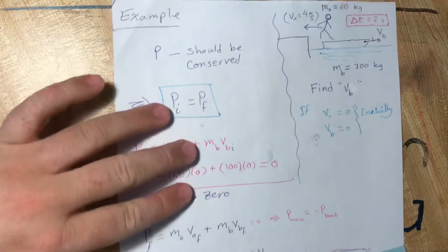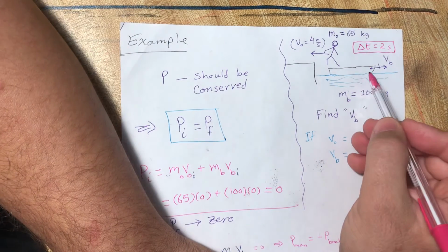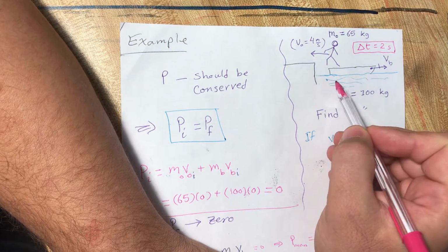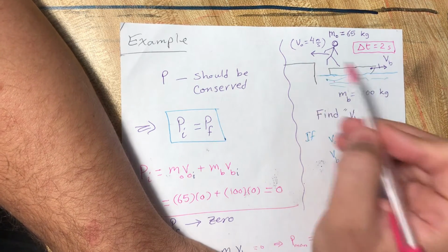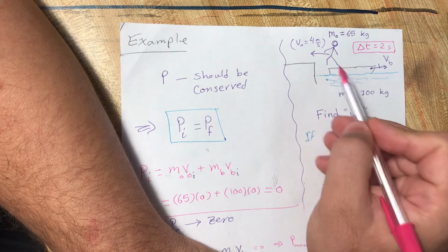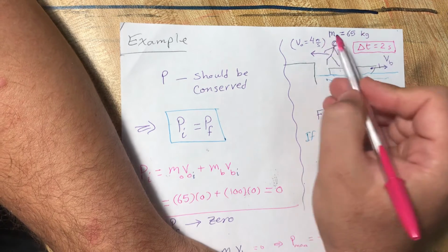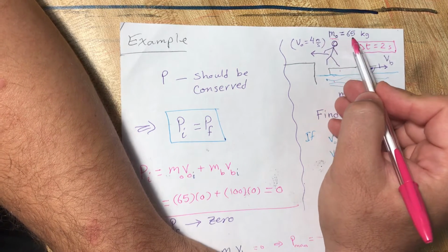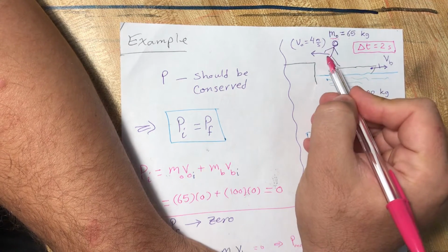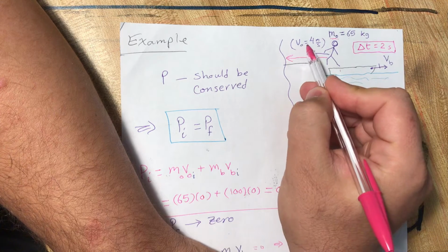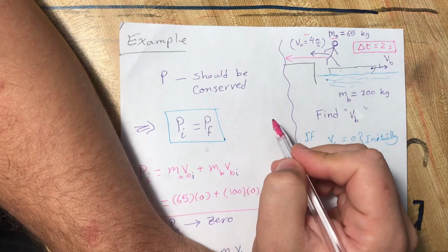Let us see this example. If we have a boat in water, and this is a shore, the riverside or something like that, and we have a man who needs to jump from the boat to the riverside. If the mass of the man, m naught, is equal to 65 kilograms and the man jumps in the negative x direction with velocity 4 meters per second, because it is negative, we can put negative 4.